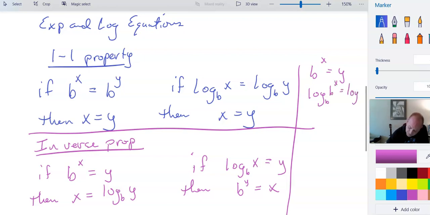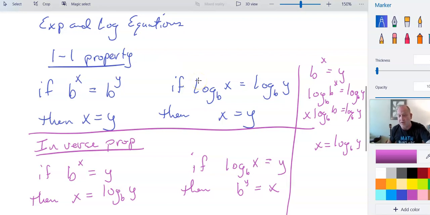Then I pulled the exponent out to the front, and log base b of b is 1, so x is equal to log base b of y. So it really is just applying the inverse to both sides, and we're going to be doing this both ways. Those are the two properties we're going to be using.